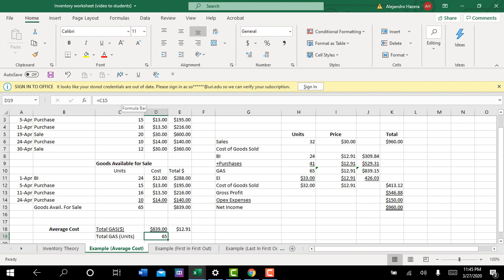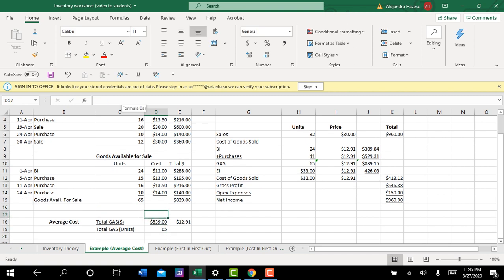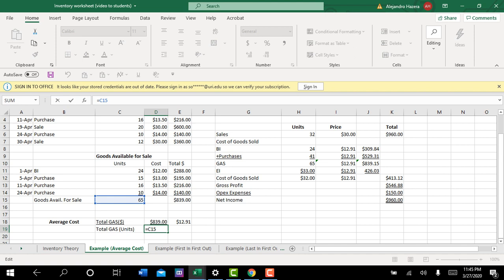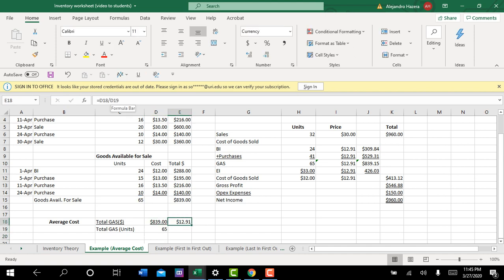That gives you your average cost of $12.91, and that is exactly the average cost that I was using in the other worksheet.